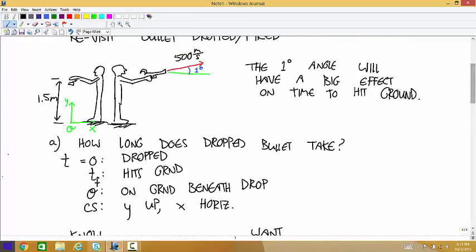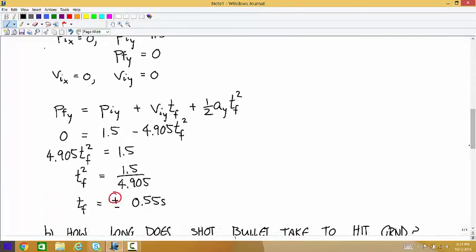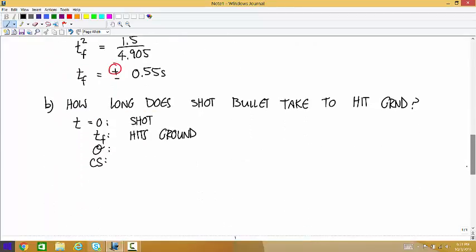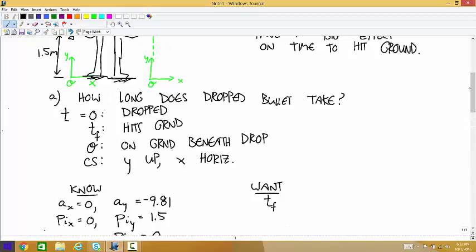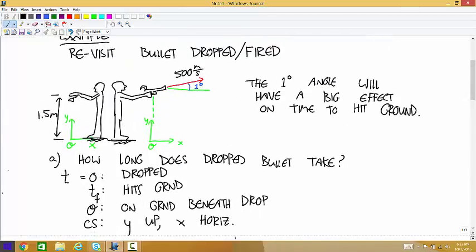And I'll choose the origin and the coordinate system orientation the same way that I did for the other one. So we'll put the origin on the ground, y-axis up, the x-axis horizontal in the direction that the bullet's going.